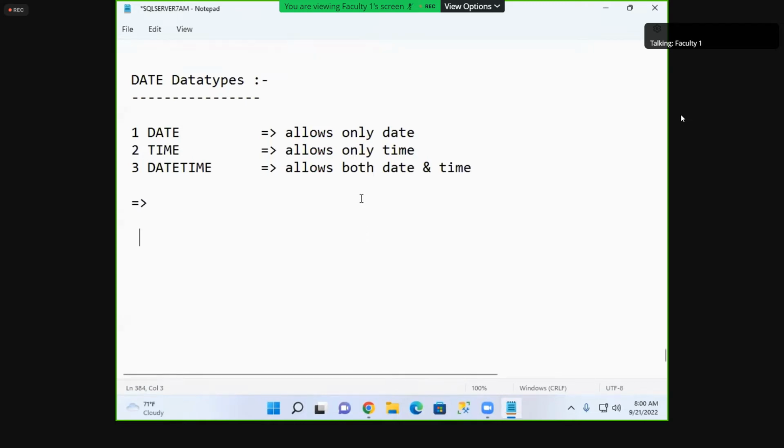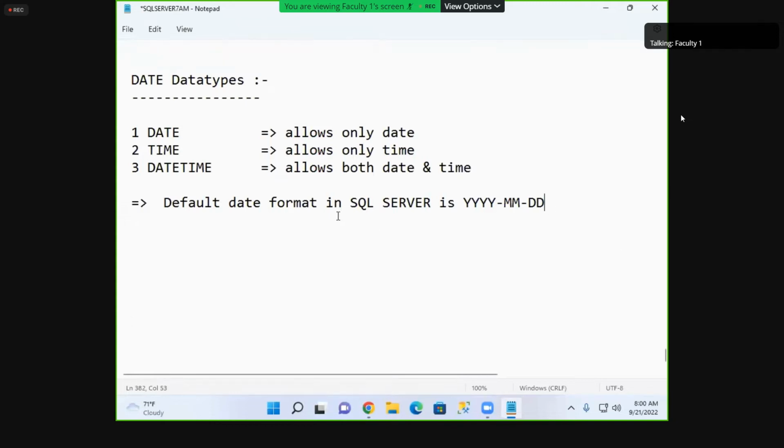What is the default date format in SQL Server? The default date format in SQL Server is YYYY-MM-DD: year, month, day.